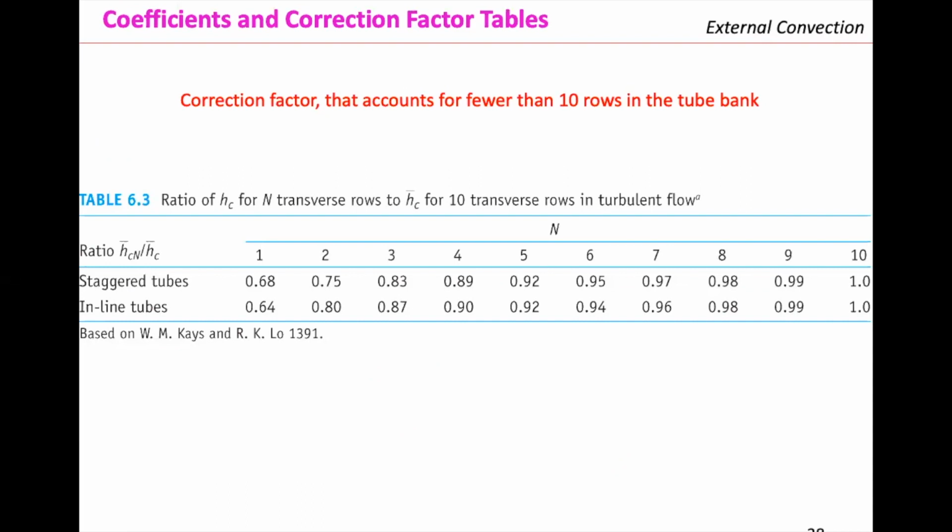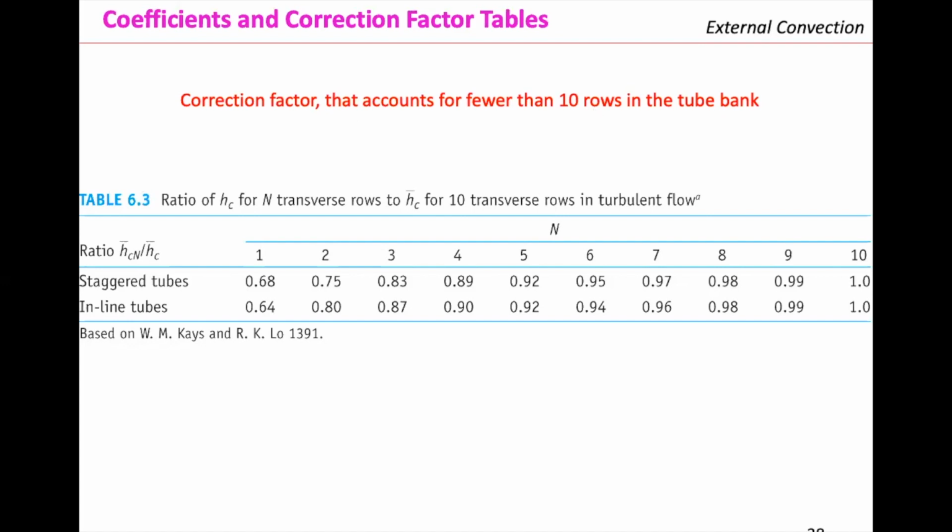Also, when dealing with tube banks, we need to include correction factors if we have fewer than 10 rows in the tube bank.